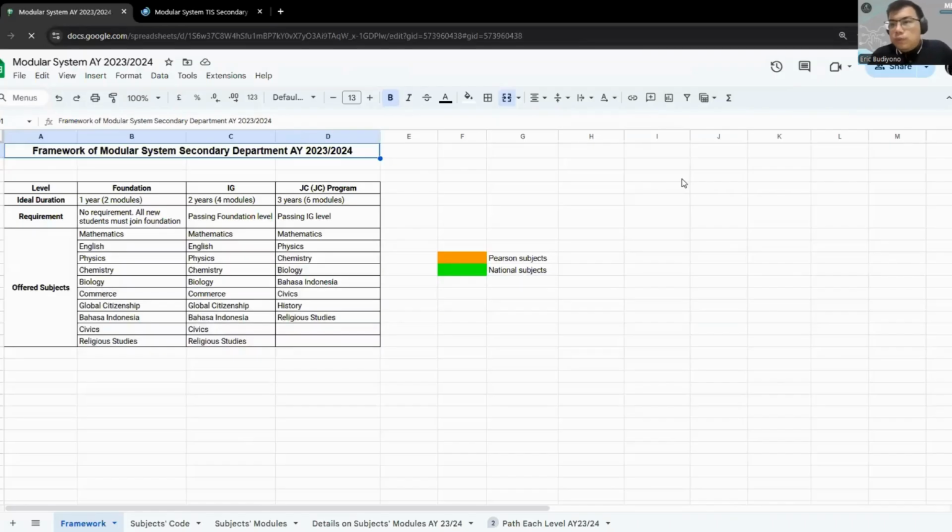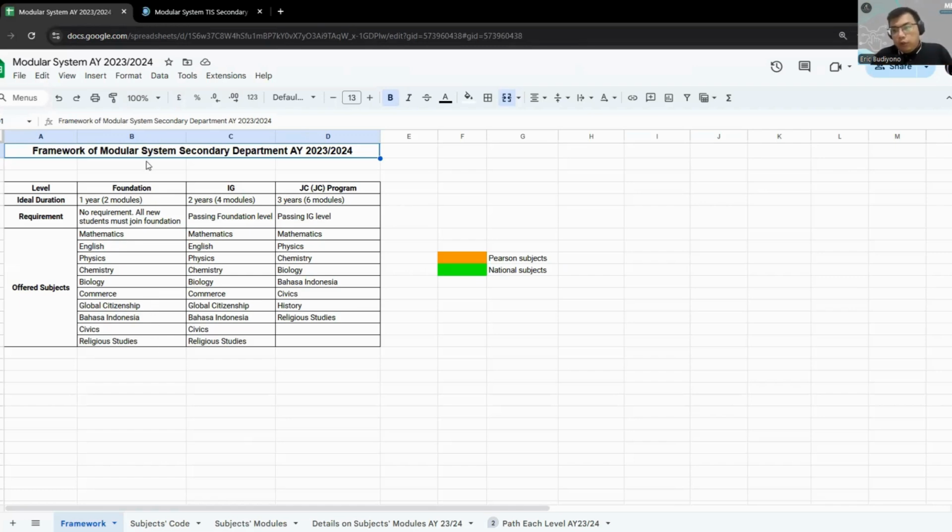Okay, so this is the division of modules. As you can see, we have split the modules based on subjects, as you can see here on this table. So we have 1, 2, 3, 4, 5, 6, 7, 8, 9, 10.